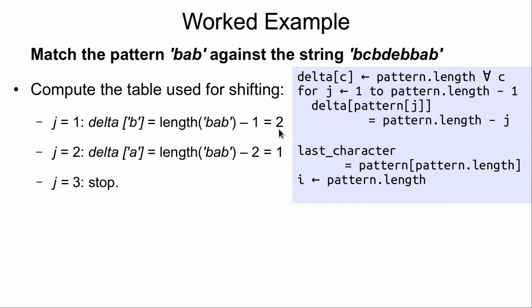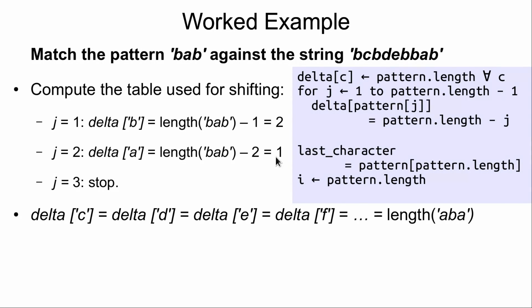For A, the rightmost occurrence is at position 2, so the distance from the end of the pattern is 1. For all other characters, delta is the length of the pattern, which is 3. And we start looking at the first possible match.